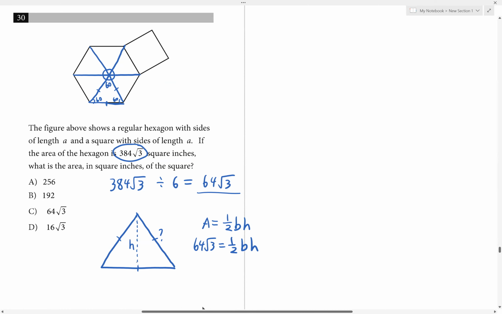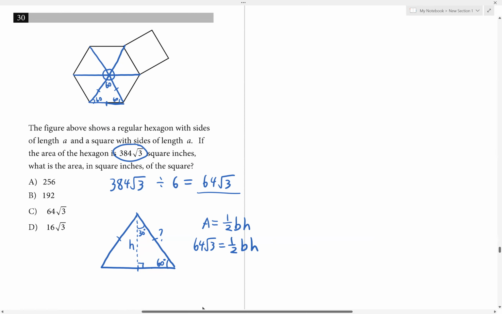The height and base form a 90-degree angle, and since this angle is 60, the top angle has to be 30 degrees. What we just made is two 30-60-90 special right triangles.